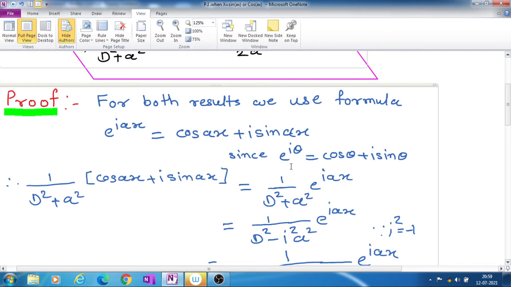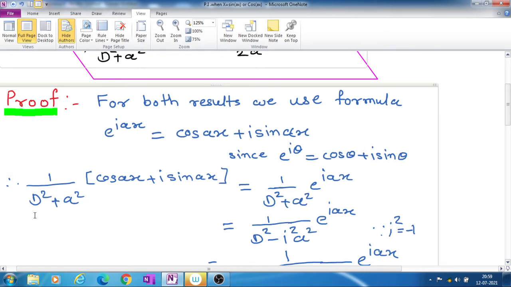That means the original formula you know, e raised to i theta is equal to cos theta plus i into sin theta. If we substitute theta by ax, then e raised to i ax is equal to cos ax plus i into sin ax. So in our formula there is cos ax and sin ax, so we substitute theta by ax.